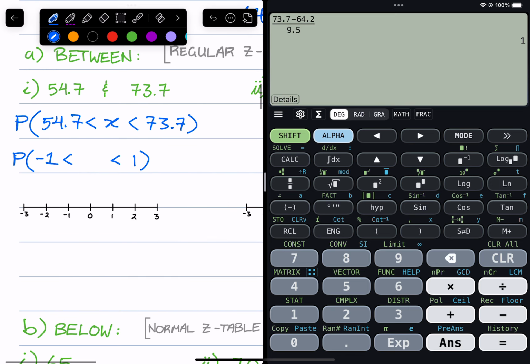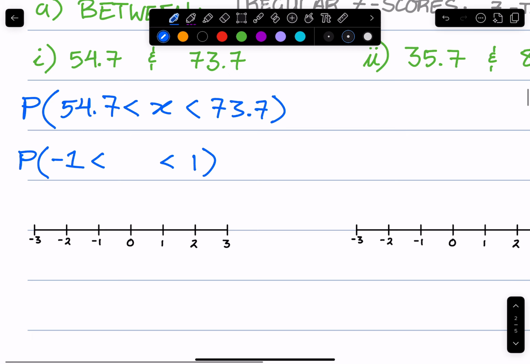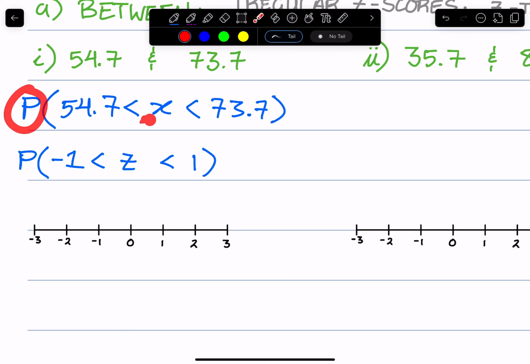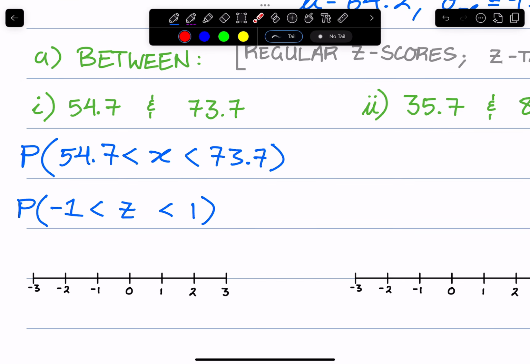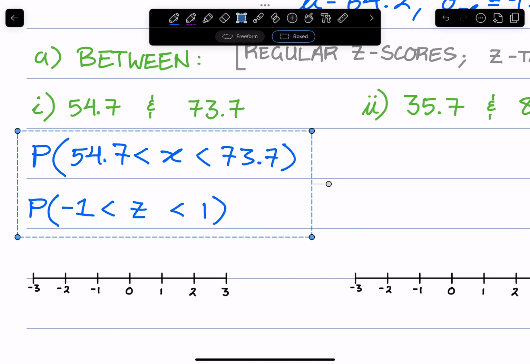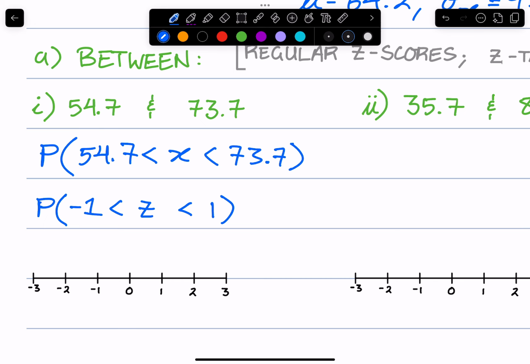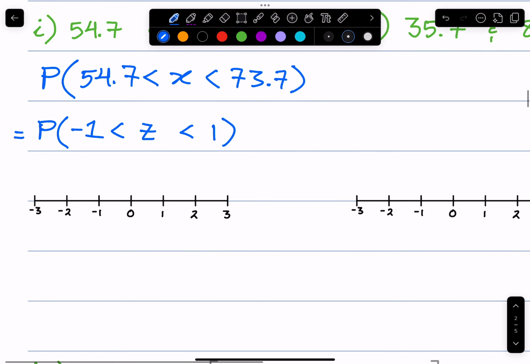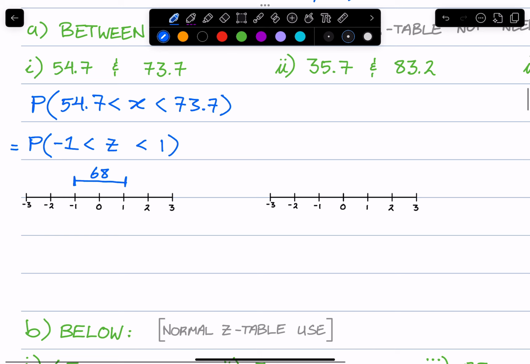So notice now, this notation will become as follows. The percentage of scores between 54.7 and 73.7 is equal to the percentage of scores of a Z-score between 1 and -1. This is the one that we're familiar with. Literally in between 1 and -1, we know that to be 68%.